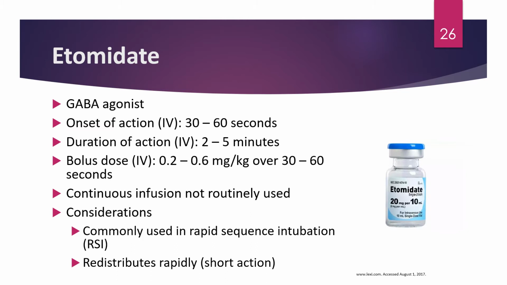It does redistribute rapidly and as a result has a very, very short action. So remember with etomidate, it is only used for rapid sequence intubation, it is one of the preferable agents for that, it is a miscellaneous agent to an extent, and we give it as a bolus dose. We don't give it as a continuous infusion.